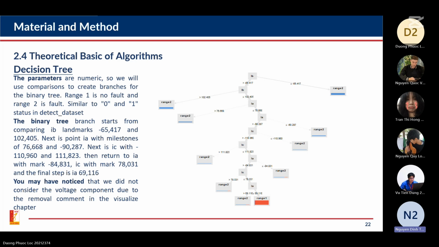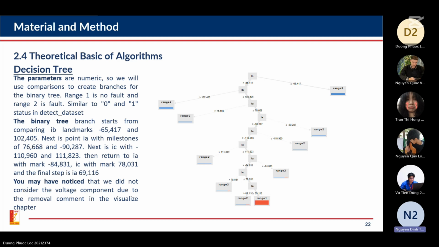The binary tree's branches start from comparing the current of phase B with a threshold, then values such as minus 65.41, 401, 417, and 102.405.